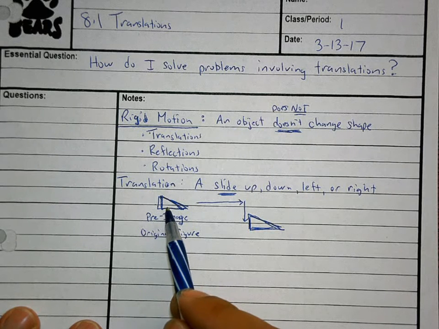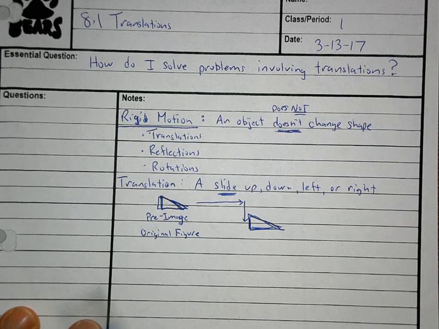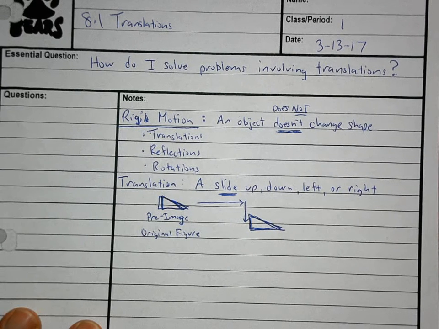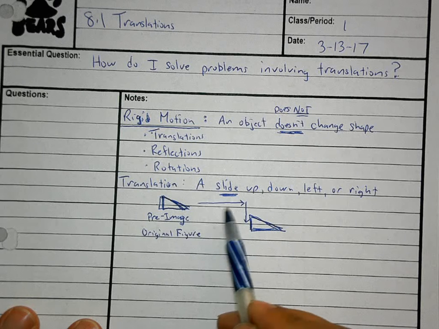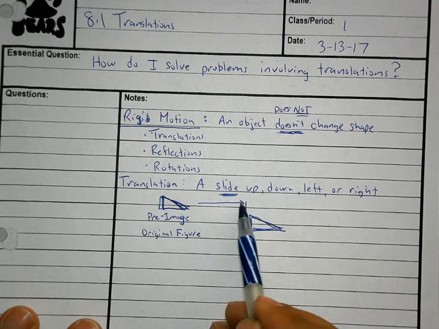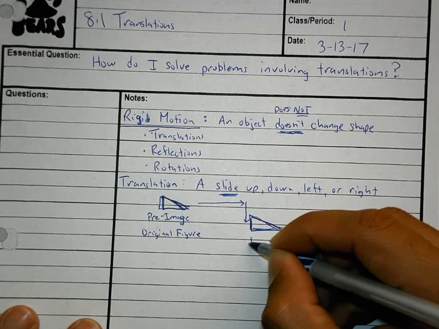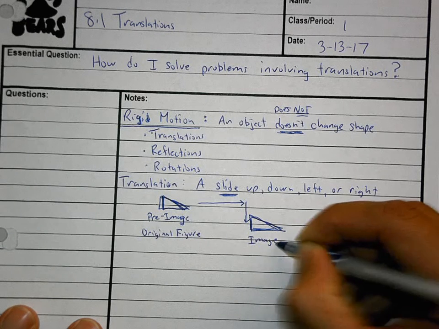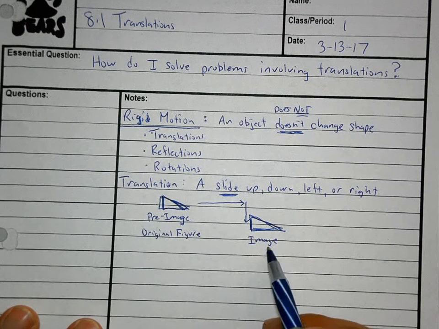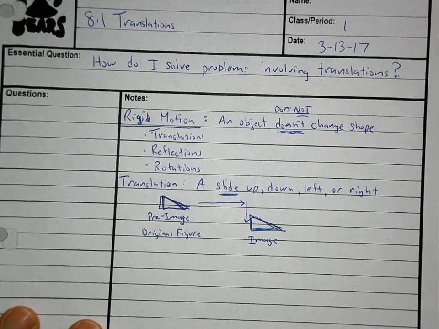This is the one that it started with. It's called the pre-image. It's the original figure. And then after you translate something, like this is now the translation, this is called the image. Pre-image is before, image is after.